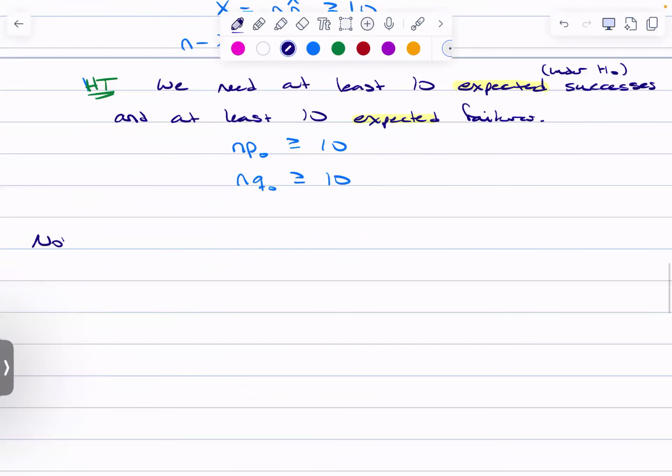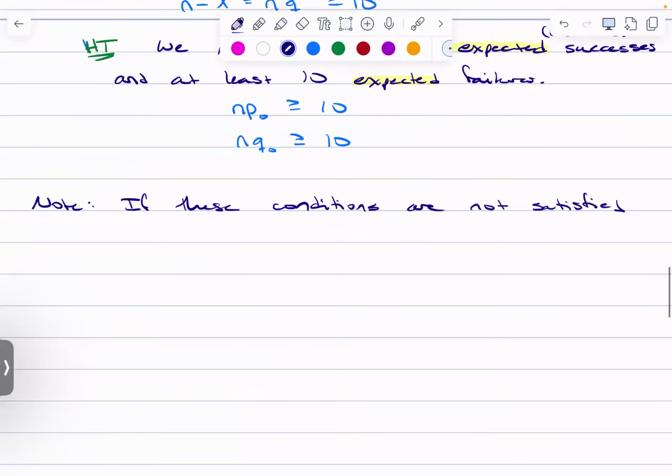So here as a little note, if these conditions are not satisfied, we can use randomization or bootstrapping instead.